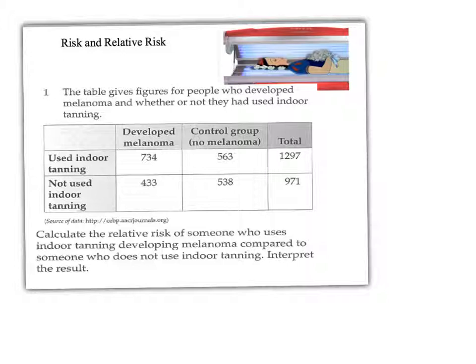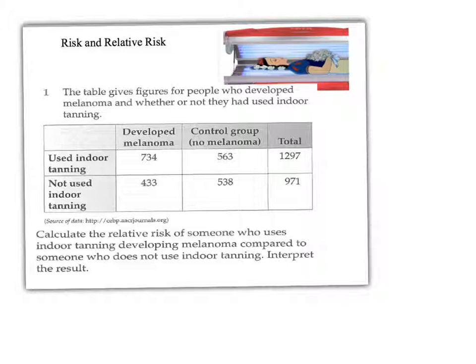Using sunbeds, indoor tanning increases your chance of melanoma, that's known. So we're looking at these statistics. And the question is, calculate the relative risk of someone who uses indoor tanning for the risk of them developing melanoma compared to someone who doesn't use indoor tanning, and interpret the result. Now, the questions often say this. You can write a figure, but they want you to say what that figure means.